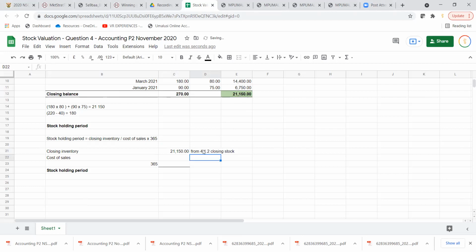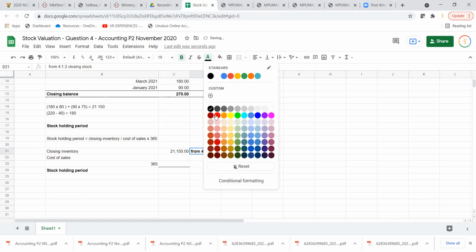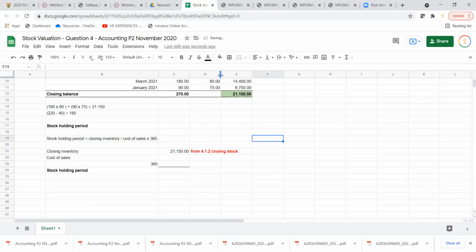Remember, you don't have to write down all of these calculations. You can do it quickly in the exam, but this is just for you to see where I'm getting the number. So we have closing inventory. We have 365, which remains 365. That doesn't change.